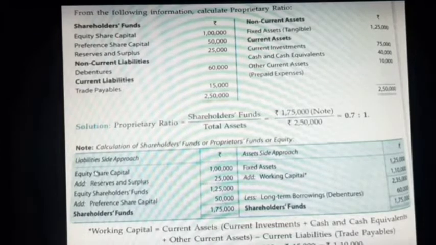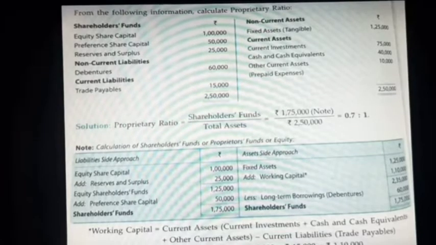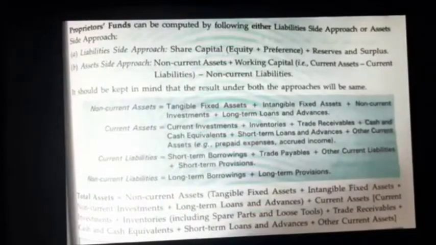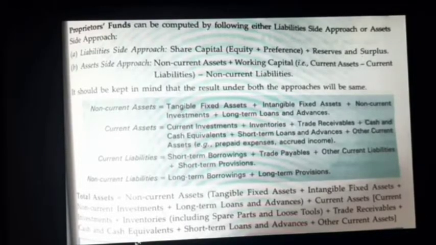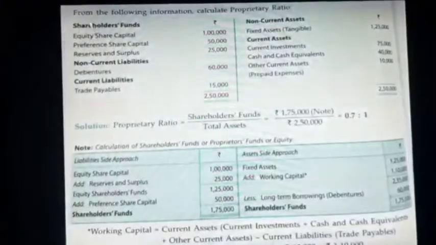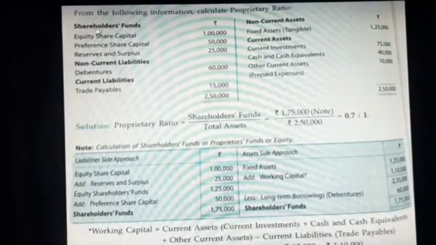Okay. So as per the liability approach, what is the formula? Share capital, that is preference plus equity, plus reserves and surplus. Just see in this question, you can see shareholders' fund: equity share capital, preference share capital plus reserves and surplus.